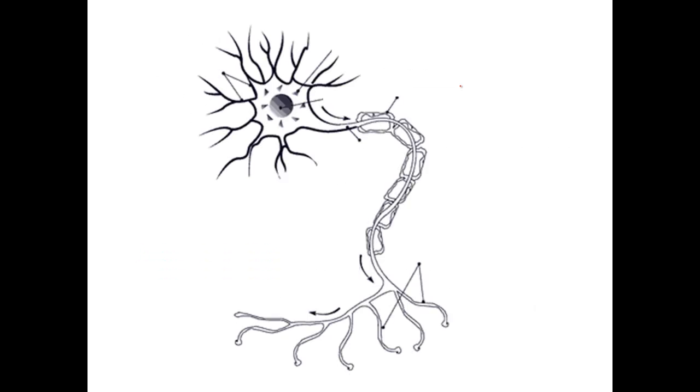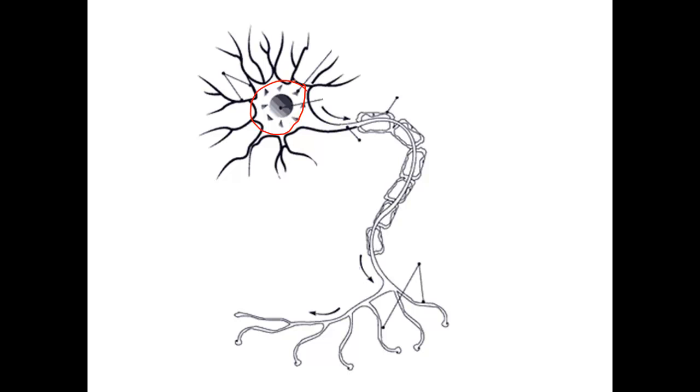So this is a drawing of a neuron. Different neurons have different shapes or morphologies. This is somewhat typical of what a motor neuron might look like. All neurons have the same basic parts. There's the cell body, which looks a lot like what you might think of when you think of an animal cell.